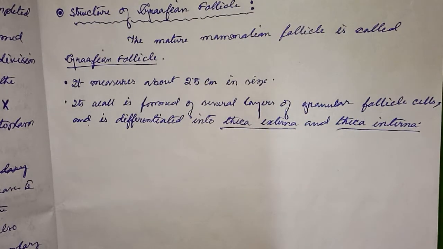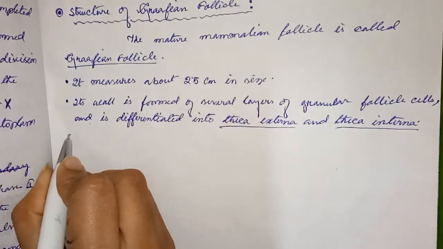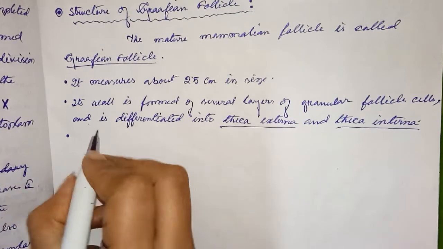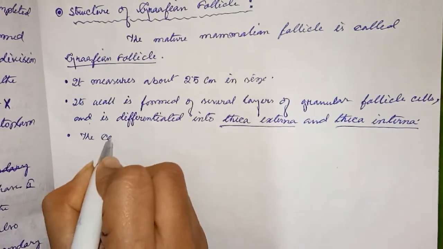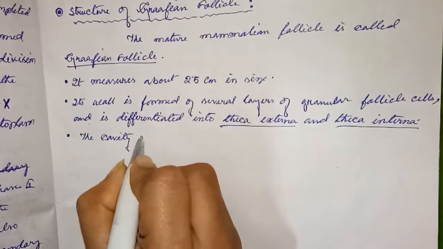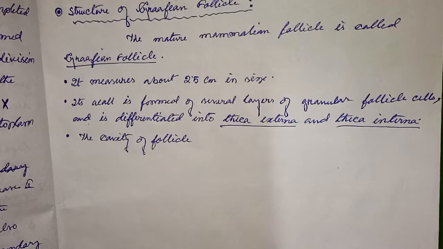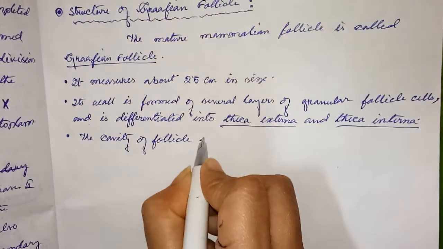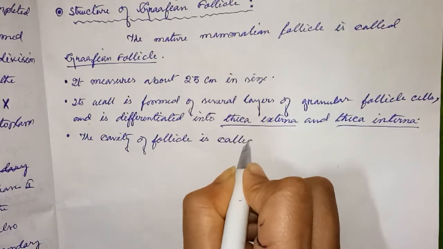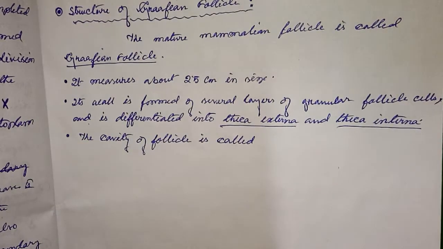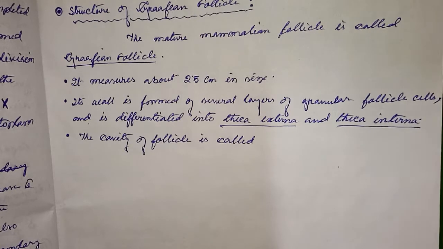The cavity of follicle is called antrum. It is filled with follicular fluid secreted by the follicle cells. So now next feature is the cavity of follicle is called antrum.